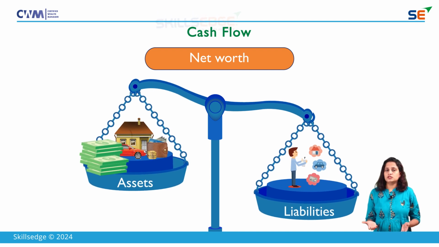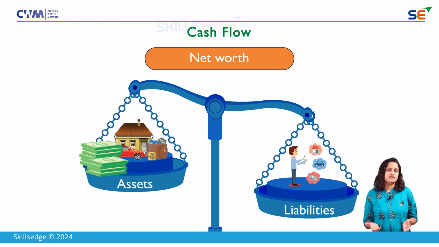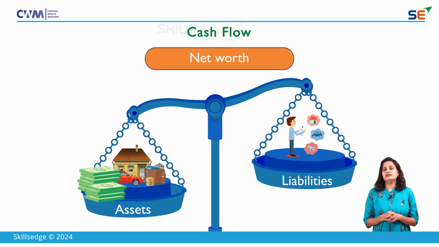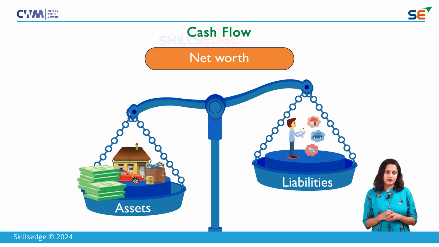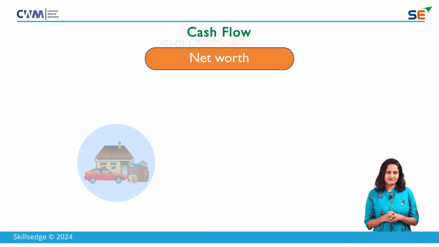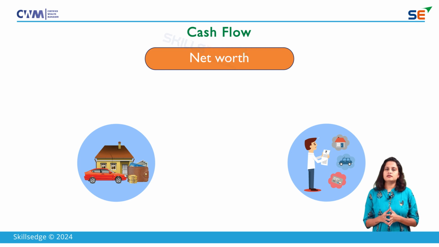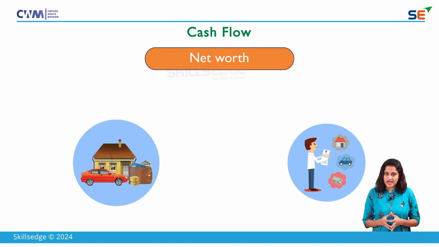Increasing your net worth through an increase in your assets will be fruitful only if the increase in assets is greater than the increase in liability. The same logic works for decreasing your liabilities. A decrease in what you owe has to be greater than the relative reduction in your assets.